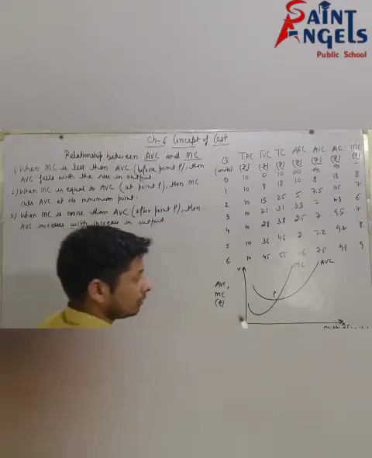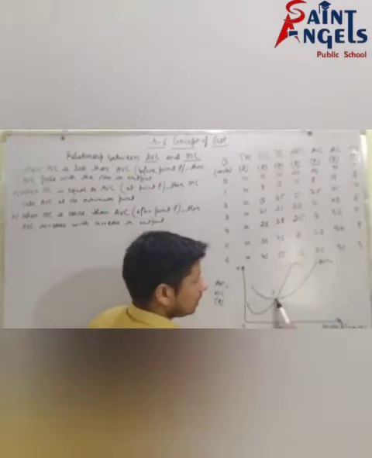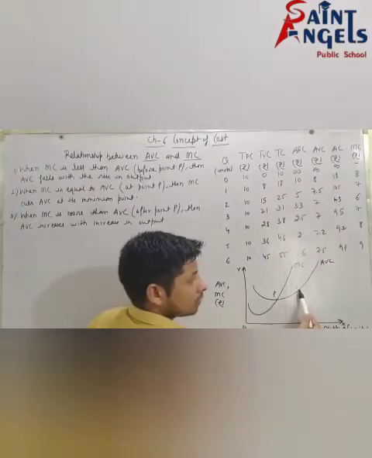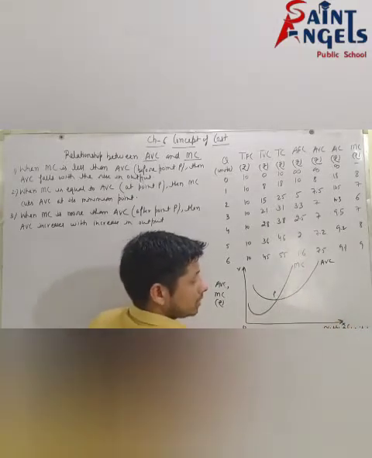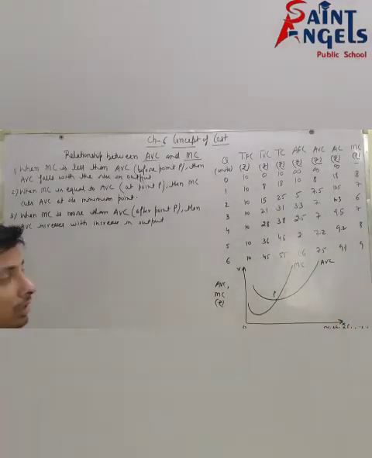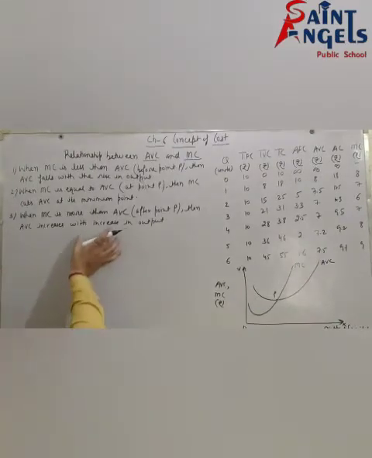See, after point P, MC is more than AVC. So AVC rises with the rise in output. I hope these 3 points are clear.